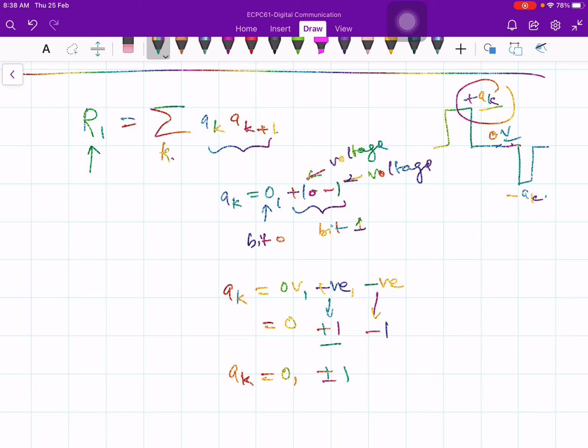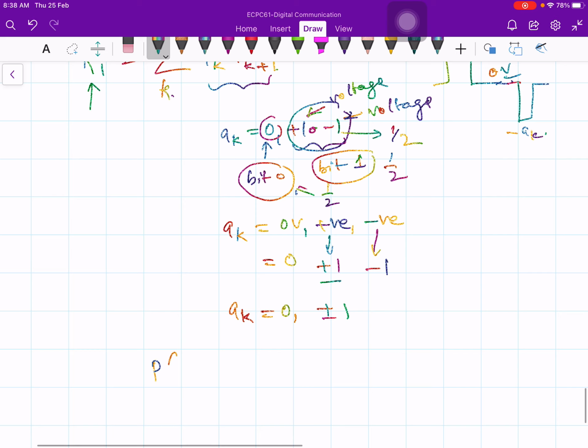Now this 0 voltage represents bit 0, which occurs with the probability of 1 by 2, and bit 1 occurs with the probability of 1 by 2. Half of the time bit 1 occurs, and half of the time bit 0 occurs. Therefore plus or minus 1 volt also occurs with the probability of half.